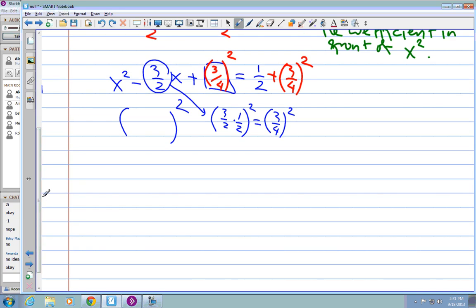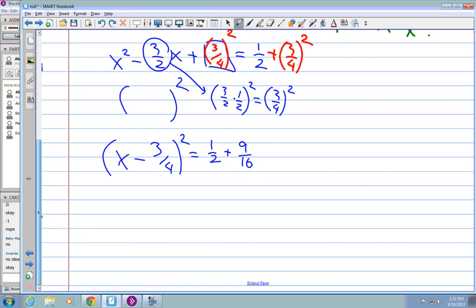So the left-hand side automatically becomes (x minus 3/4) squared, because now it's a perfect square, while the right-hand side is 1/2 plus 9/16.